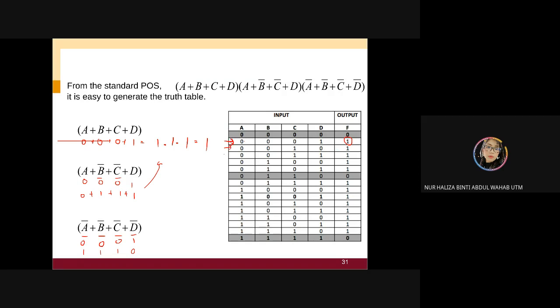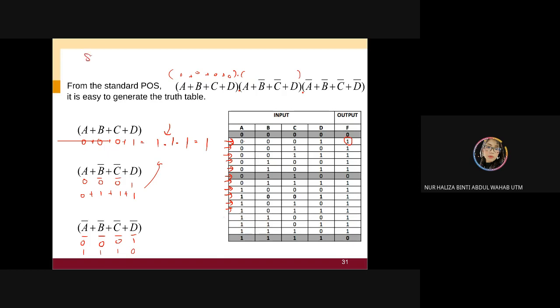So try to check one by one. This is the long way, but it is just for checking your answer. For POS, it is multiplying: you add all the input values and then multiply.